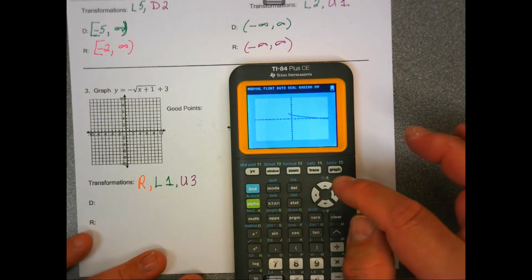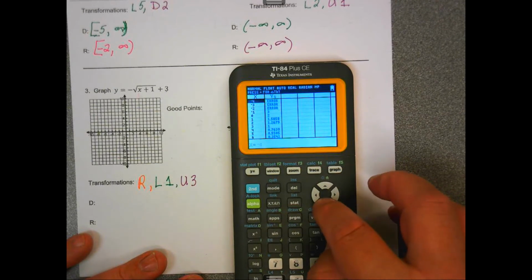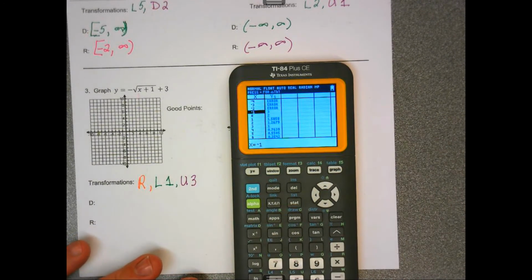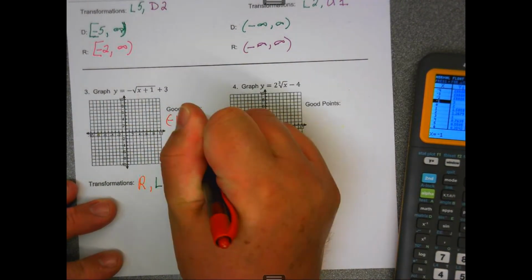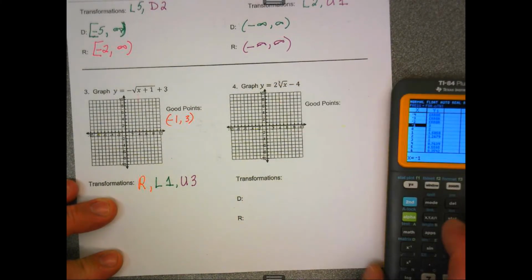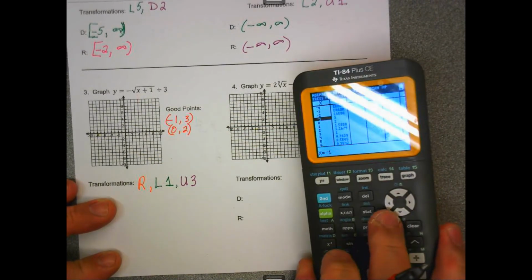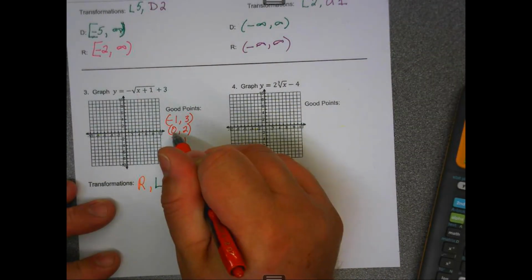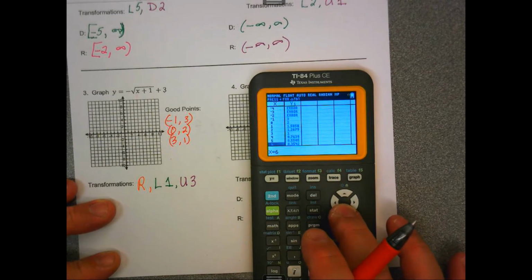Going to get some good points. Second graph. My first point is going to be -1, 3. Let's see, I got 0, 2. And 3, 1. And let's see if I can get another one here.